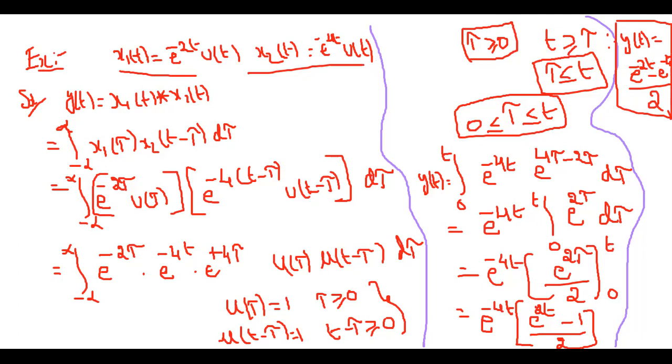All right, see what we got, the same thing here: e power minus 2t minus e power minus 4t by 2 into mu of t. Why is it into mu of t? Again, it is in the positive real axis only, my dear students.